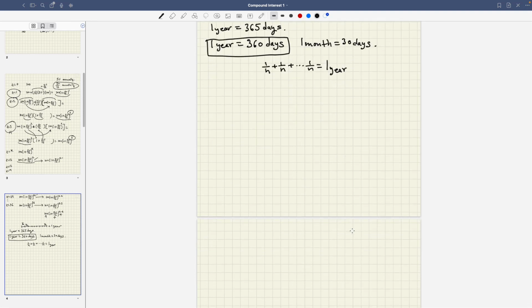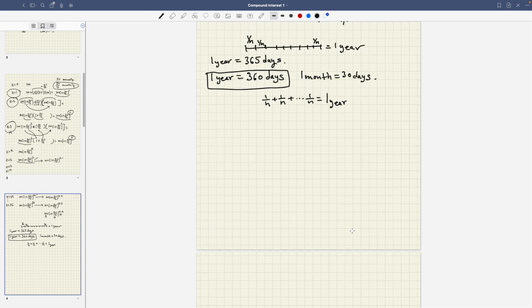But we saw earlier that if you get an interest annually of R%, don't get confused between R% and R as a decimal.